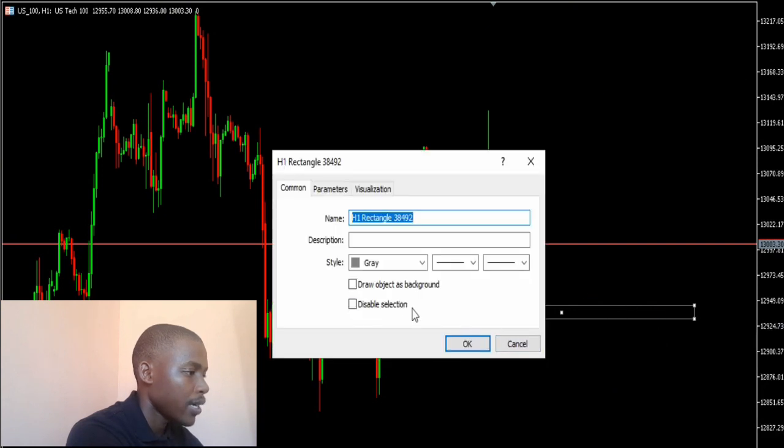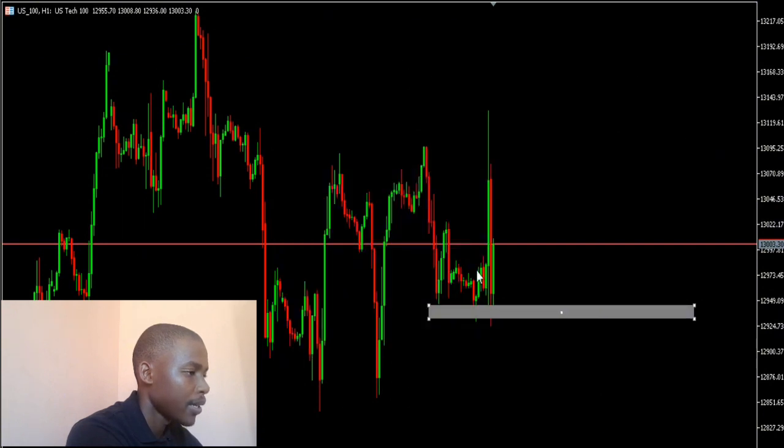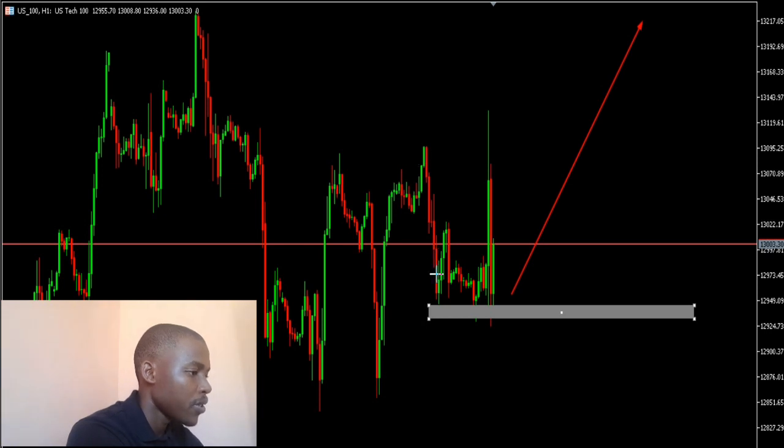We're going to add an area. We can see price did make an area of support, which is beautiful. So we're expecting price to push all the way up from this point on. You can see price came down on a bearish momentum and managed to form that support right there.